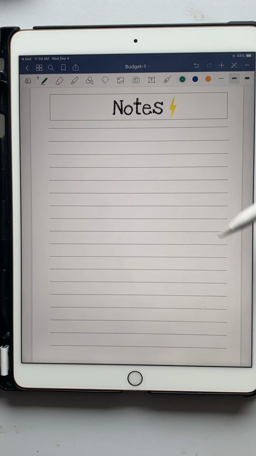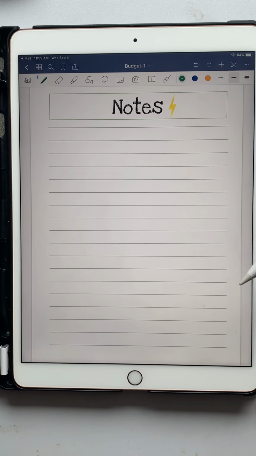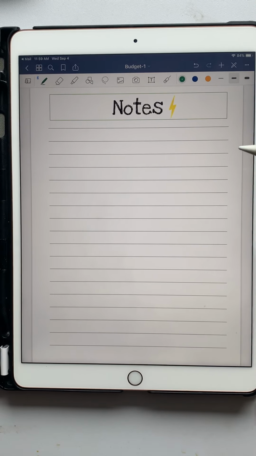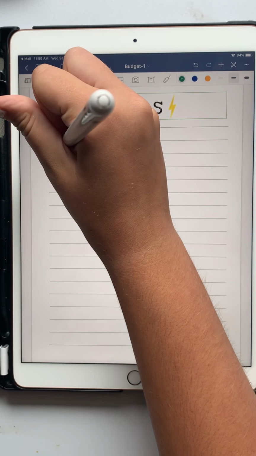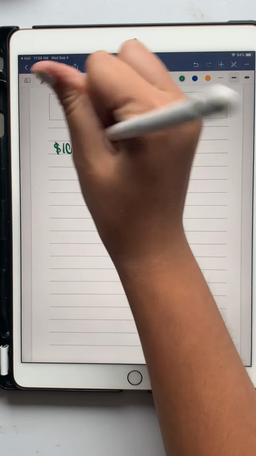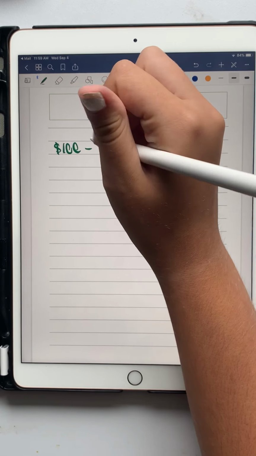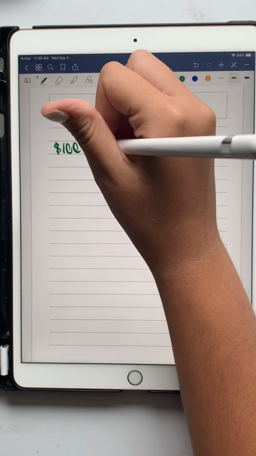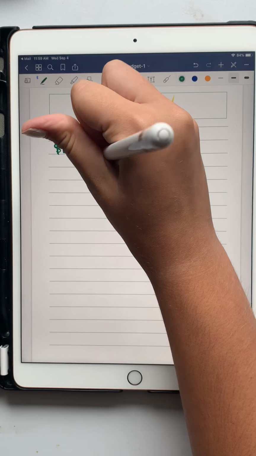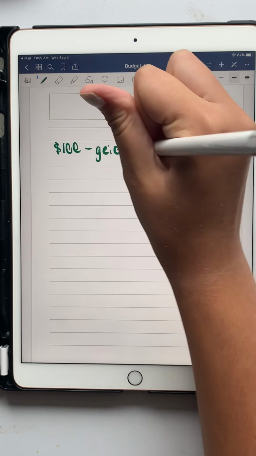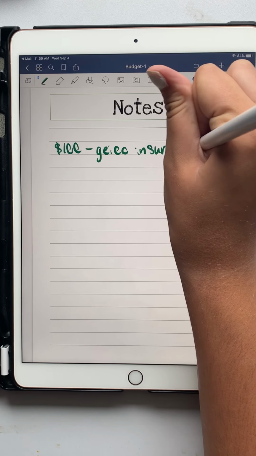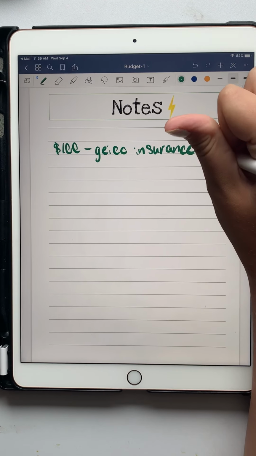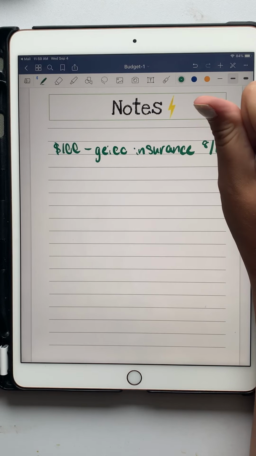And this is another just note sheet. As an addition, maybe you like lines better. Maybe you want to write out your whole bill. So if you had, say, $100 paid to such and such a brand, like Geico Insurance, and you want to write the date that you paid it, maybe like 8/19.